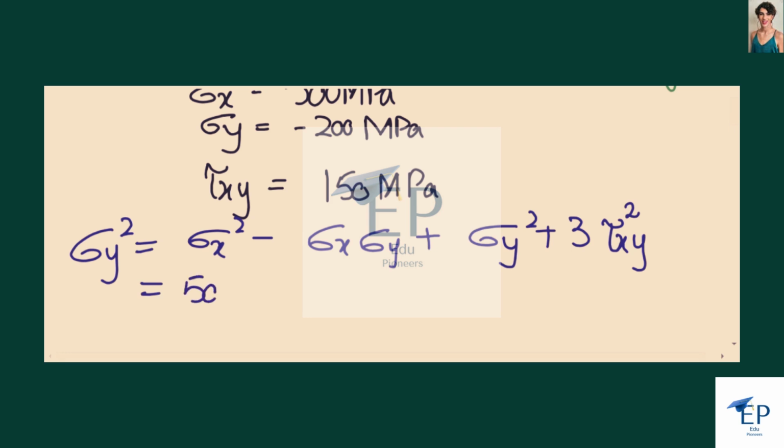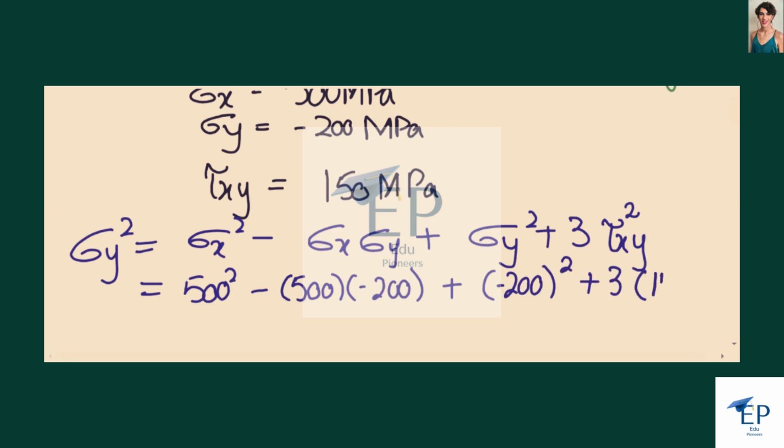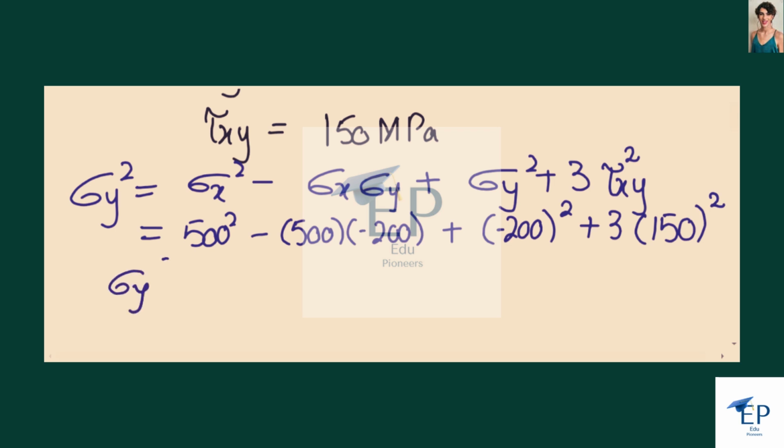First of all, we have 500 square negative 500 times negative 200 plus square of negative 200 plus 3 times 150 square, right? So calculate it and you will get that sigma sub y square is equal to 457500, right?